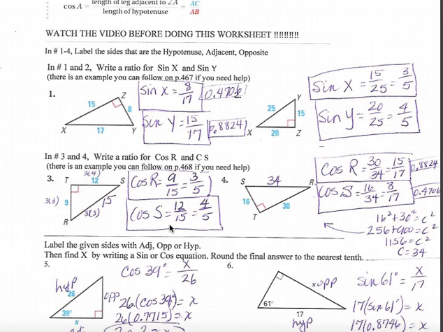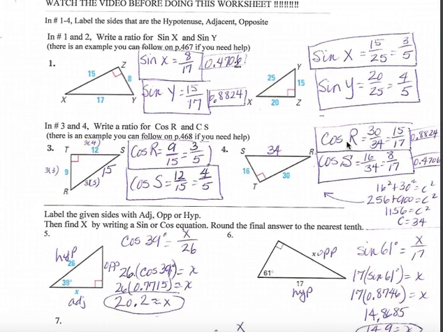So 12 over 15 is the cosine of angle S, which reduces to 4/5. Just remember, in relation to R, this is opposite, this is adjacent. In relation to angle S, this is the opposite leg, and this is the adjacent leg. So they switch depending on which angle measure you're talking about.